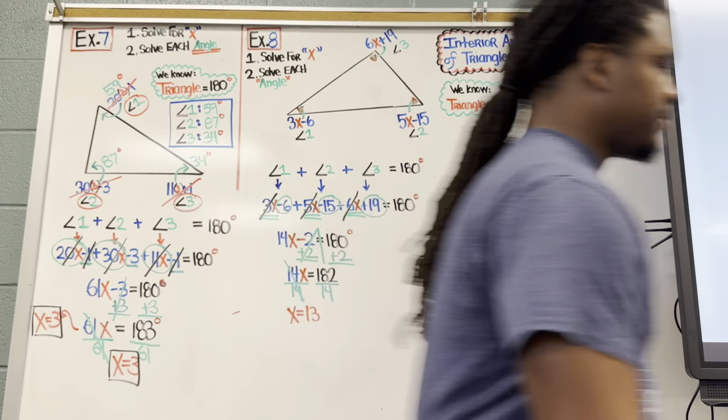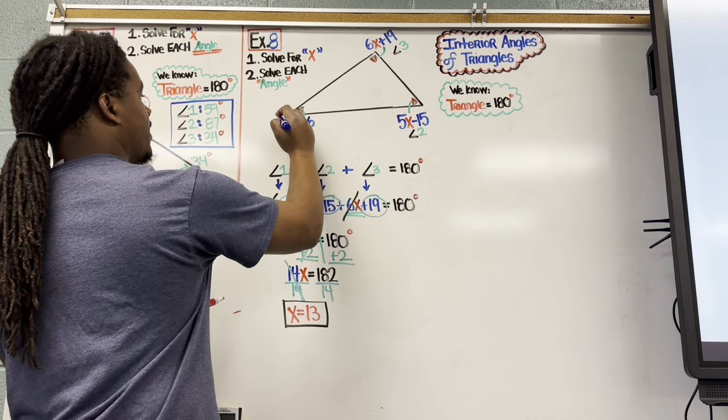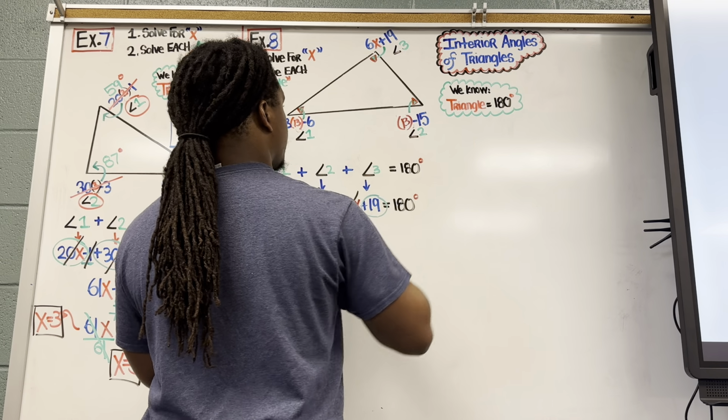Okay, meaning that for each x, we're gonna plug in, or we're gonna substitute that as 13. Okay, so right here, guys, is gonna be 3 times 13 minus 6 for angle 1. Over here, it's gonna be 5 times 13, right? Minus 15.